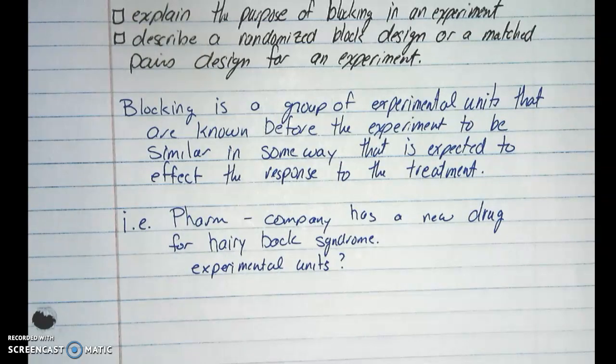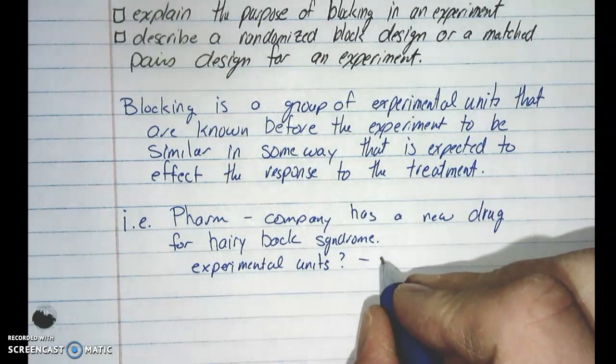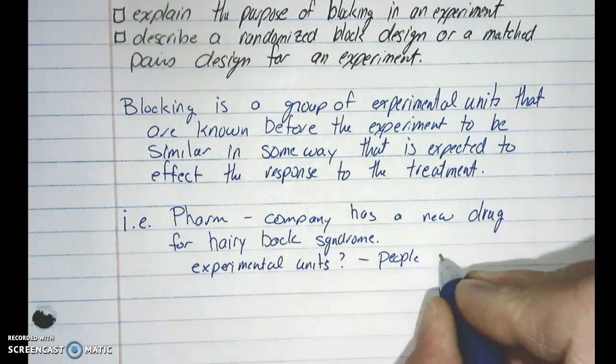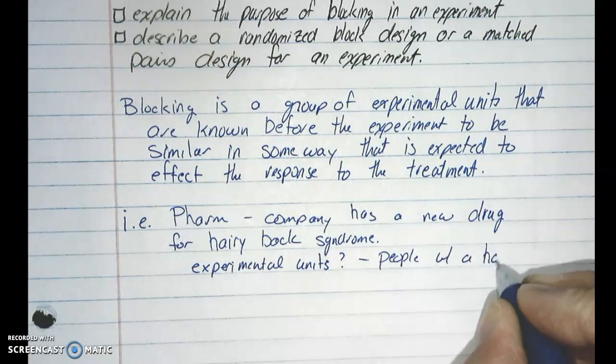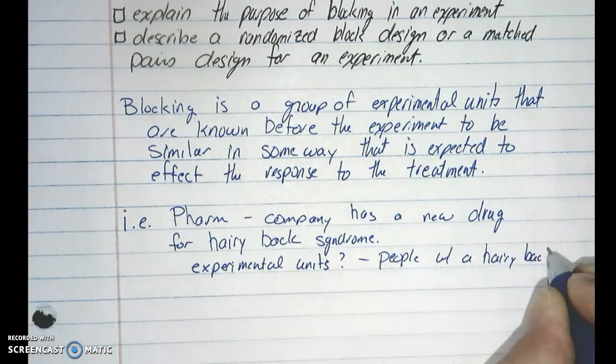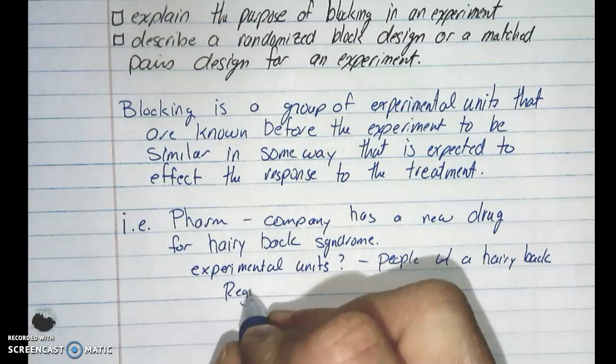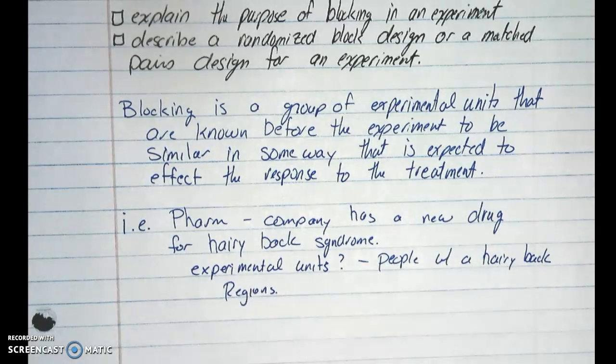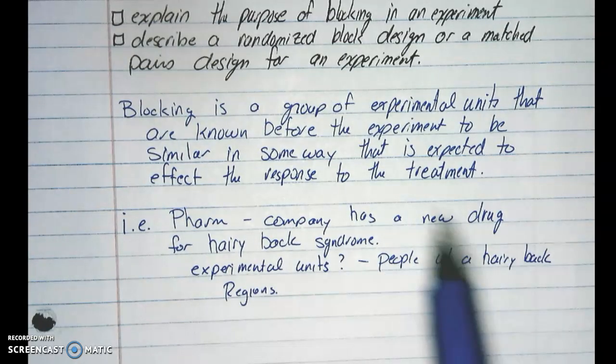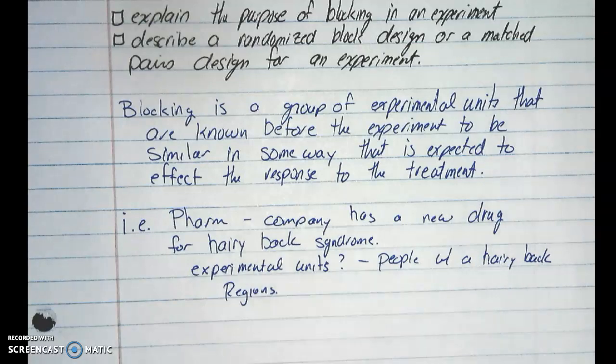Who would we want? There you go. Your experimental units are people with a hairy back. Now I can break it up into regions, but I'm still choosing certain people or experimental units that have the thing I'm trying to fix.